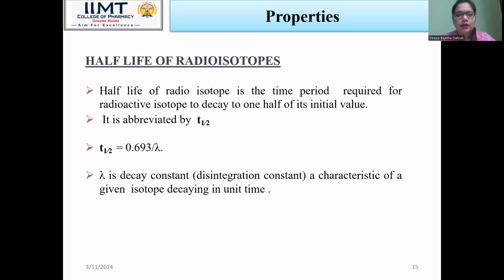It is abbreviated as T half. T half is equal to 0.693 by lambda. Lambda is the decay constant, or disintegration constant, a characteristic of a given isotope decaying in unit time.